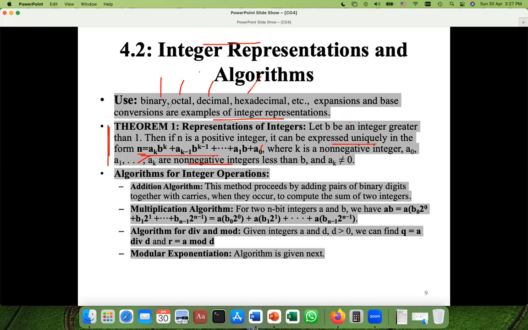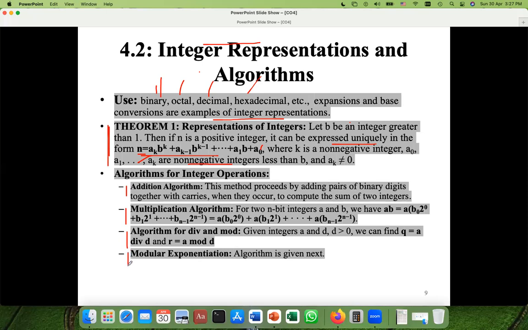With respect to this topic, we can add two integers if they are given in binary form, that is, as a series of bit strings. You can add them, multiply them, divide, and take the remainders. That is similar to what you have done in your fundamentals of computers.